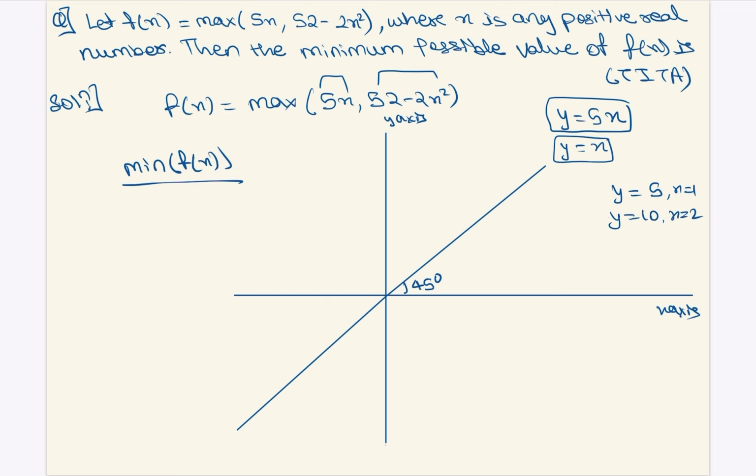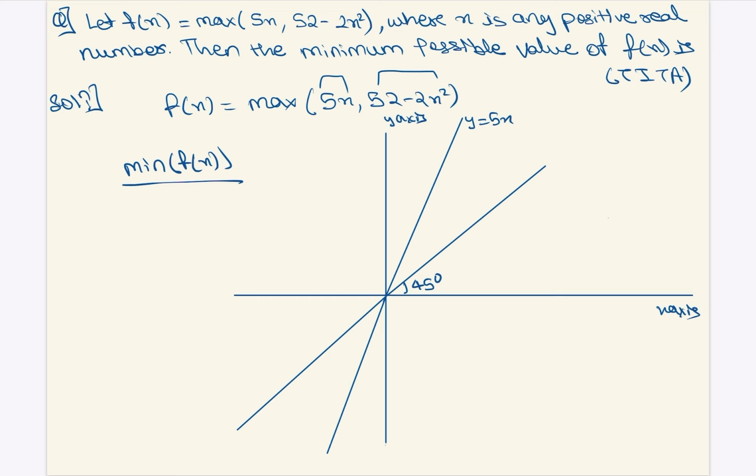So y is increasing at the rate of 5 but x is increasing at the rate of 1. So the slope will be more, or the angle with the x-axis will be more, hence my graph will look something like this. This is my y equal to 5x. I hope this is clear.